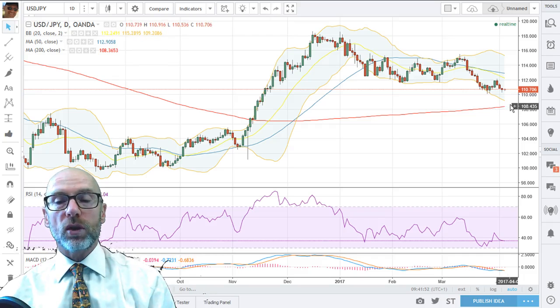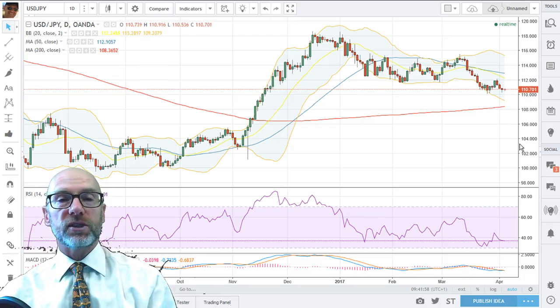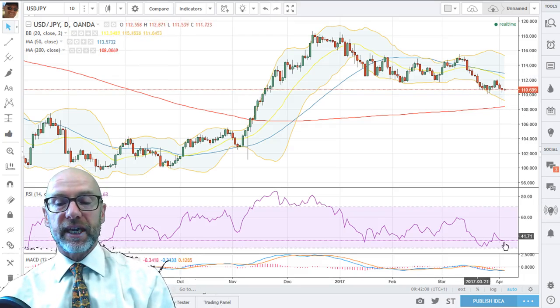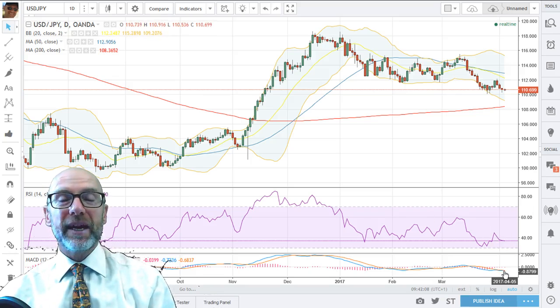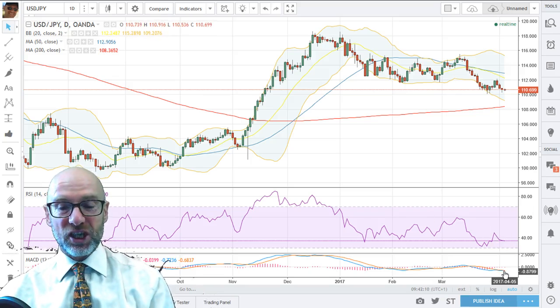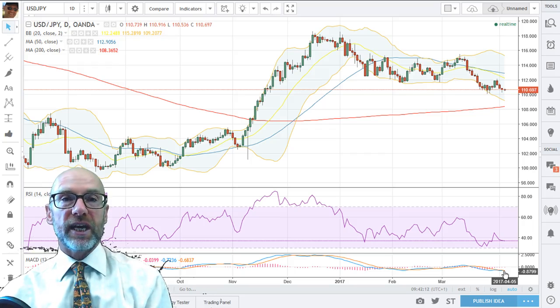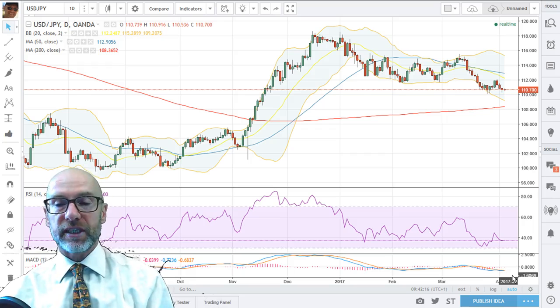There is the support coming up from the rising 200-day moving average. Because the market's in a downtrend, obviously it's got negative momentum, and this is indicated in the RSI, which is this chart here, which is in a downtrend, and the MACD as well. Perhaps maybe slightly showing very early signs of potential bottoming there in the MACD.